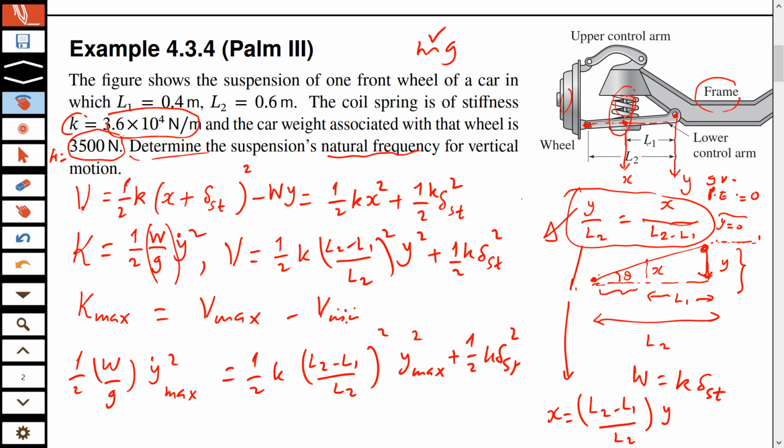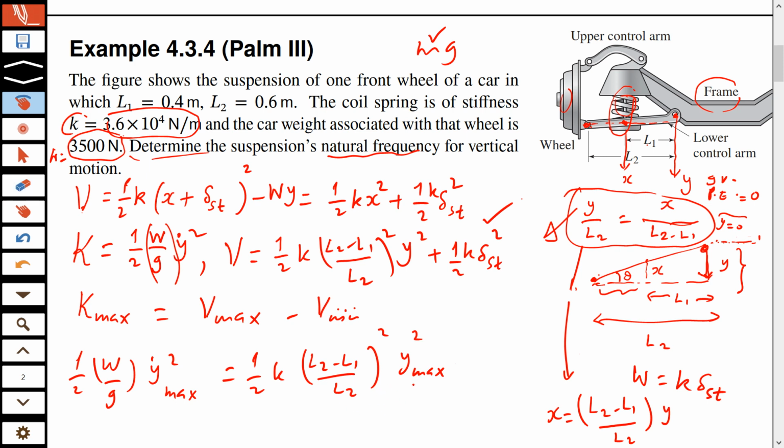And what is v min? This minimum value is when y is 0. So if I set y to 0, then v min is simply this thing. Okay, so it's minus that same thing, which means that I can now cancel these two. Because that static deflection is plus in v max and it is minus in the second term. So now it boils down to this last equation.